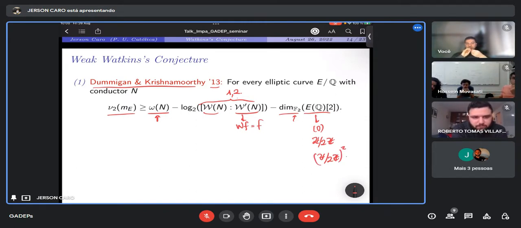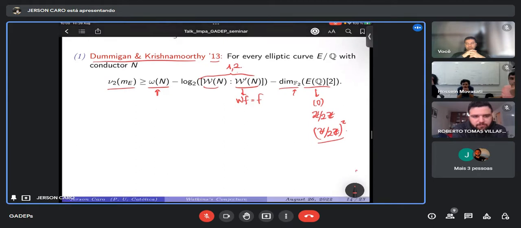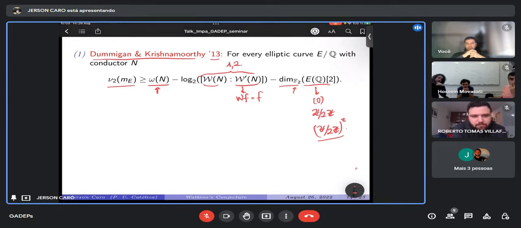So what I mean is that this is a subgroup of (Z/2Z) squared. So this is 0, 1, or 2. And this log here is 0 or 1.